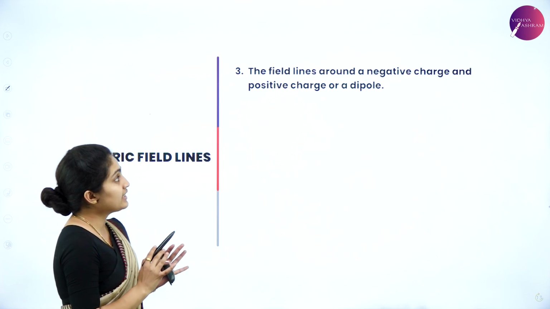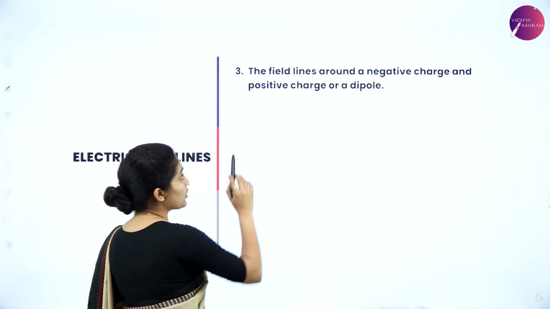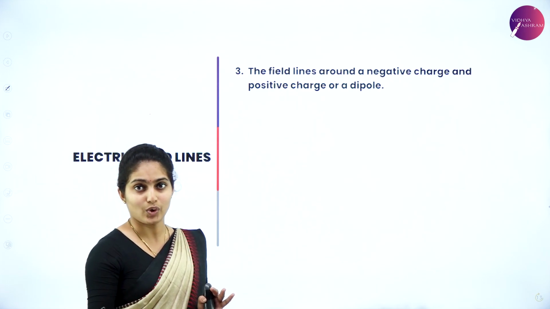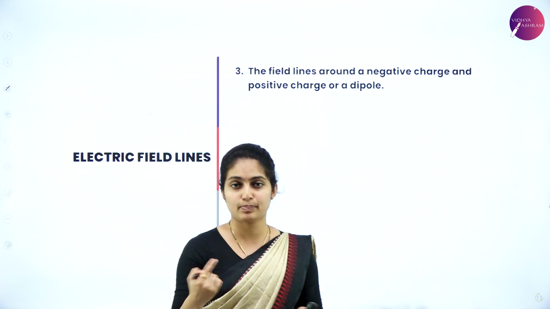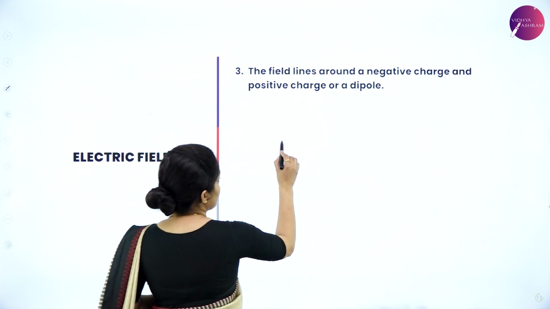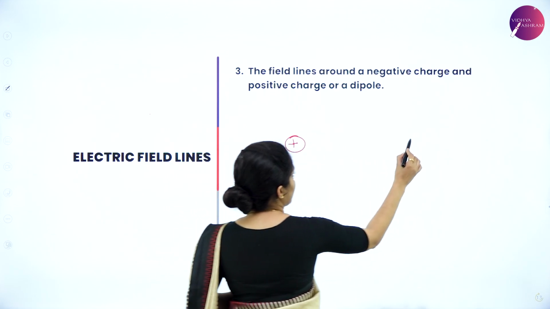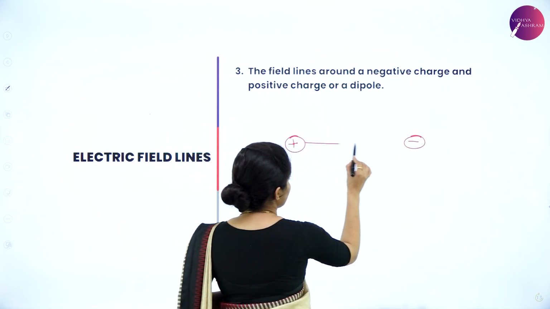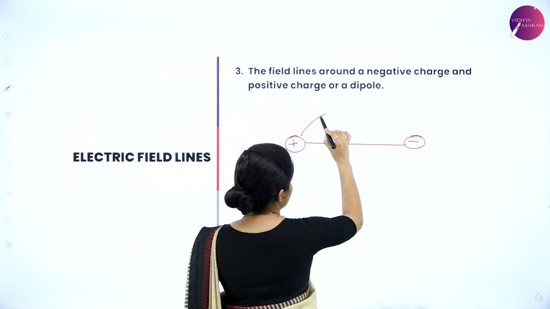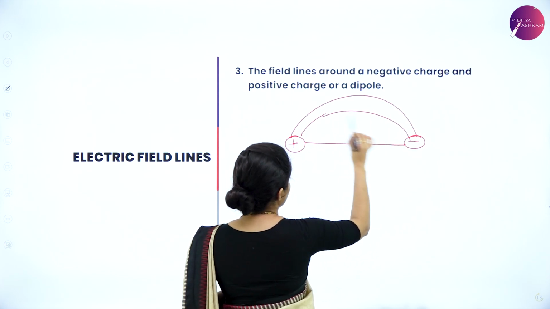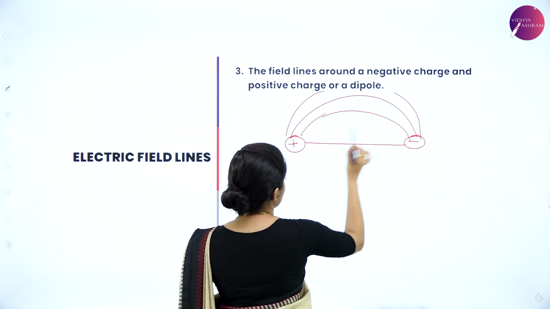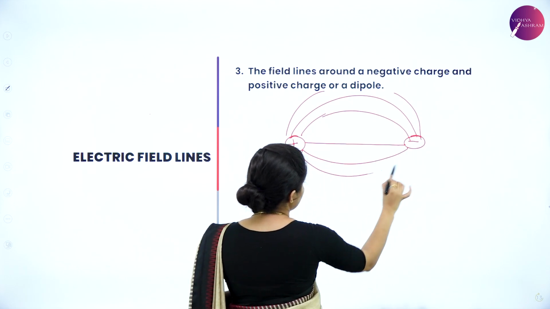Clear? The field lines around a negative charge and a positive charge are also called a dipole, because it has two poles, positive and negative charges. So this is positive, this is negative. We just draw the lines.